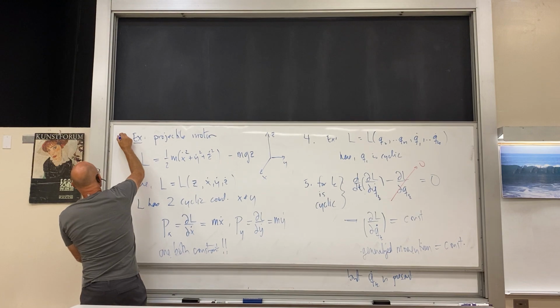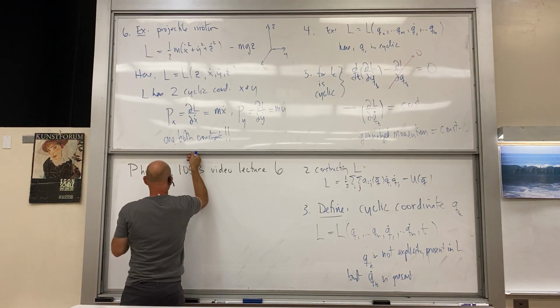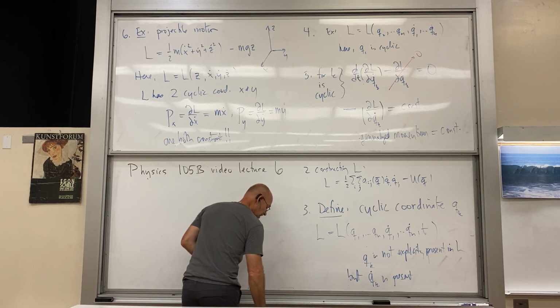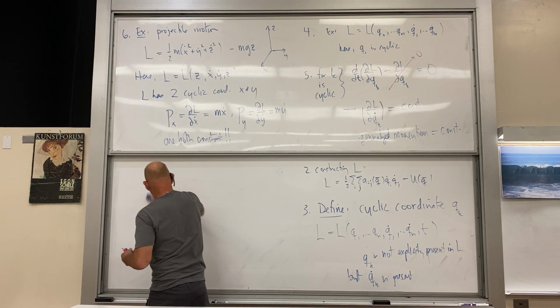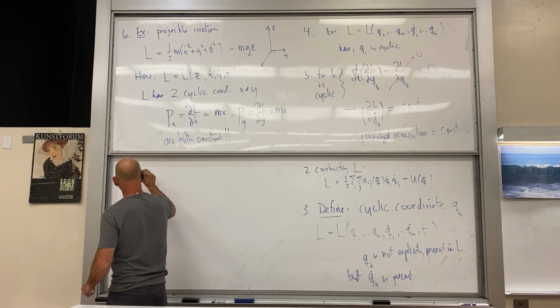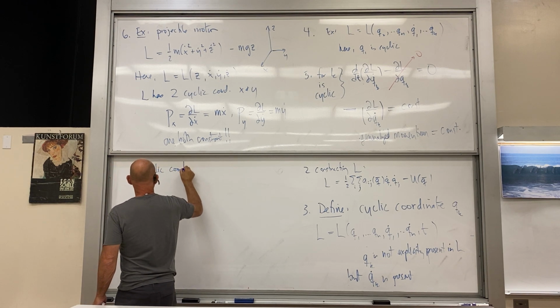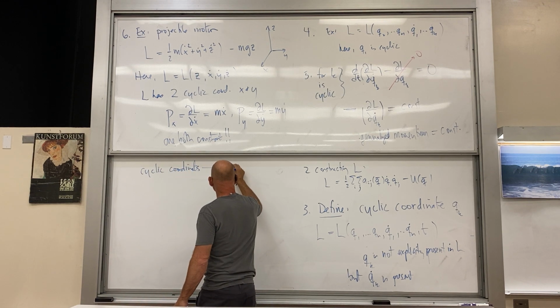Let's number, we've got 6. And my statement number 7 is that cyclic coordinates imply conserved momenta. Cyclic coordinates, conserved quantities.